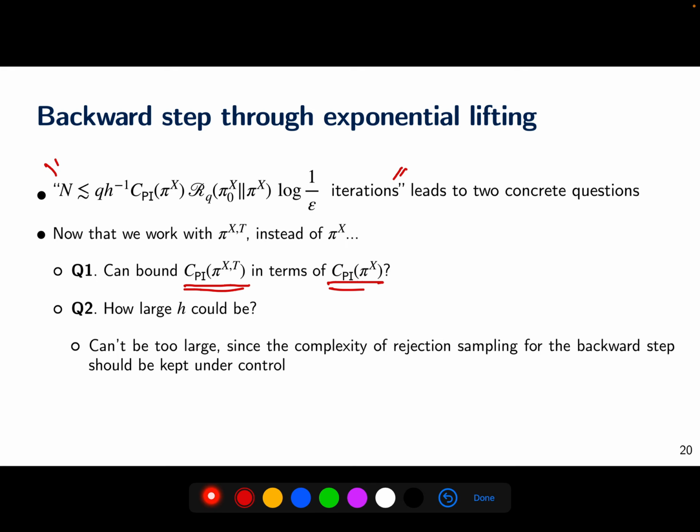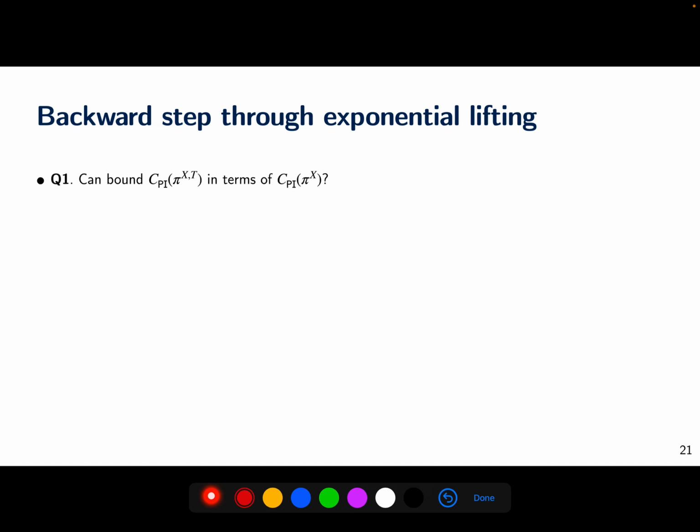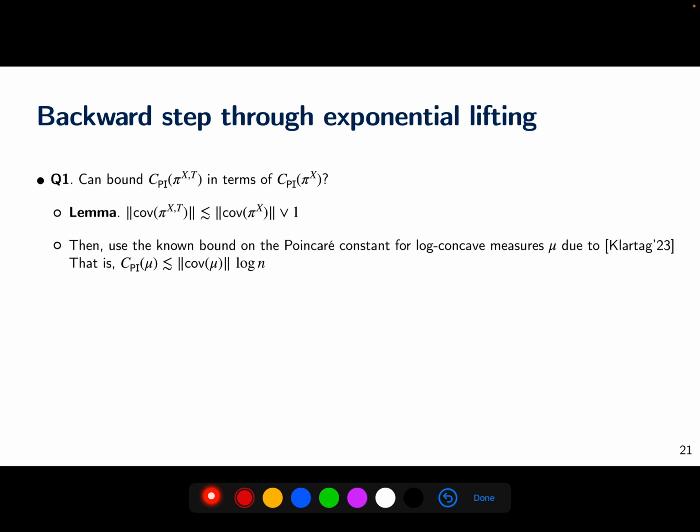But of course, you cannot take the step size h too large, because if you take h too large, then the complexity of the backward step implementation by rejection sampling could be very bad as well. So for the first question, we show in our paper that the largest eigenvalue of the covariance of the lifted distribution is bounded by the maximum of 1 and the largest eigenvalue of the original covariance matrix.